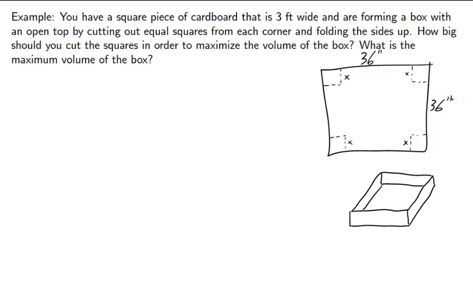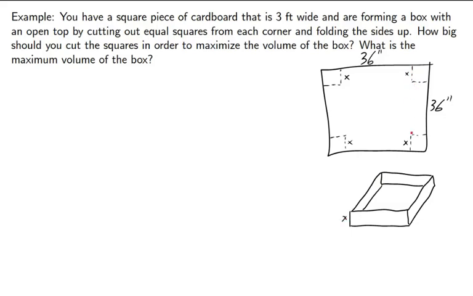How should you cut the size to maximize the volume of this box? We need to figure out what the volume is here. It turns out that we don't really have a constraint, because we only have one variable. But we can write the volume in terms of this variable. If you imagine what's going on here, you'll notice that the height of the box is actually x, because this quantity, when it's folded up, gives you this x height.